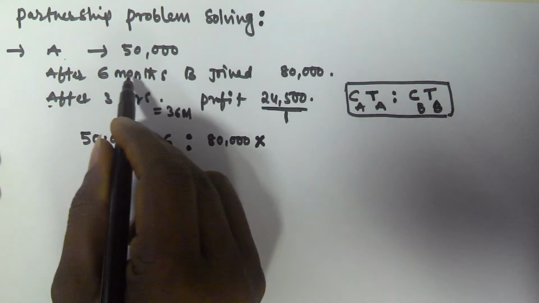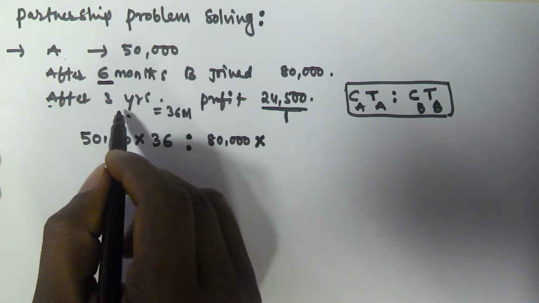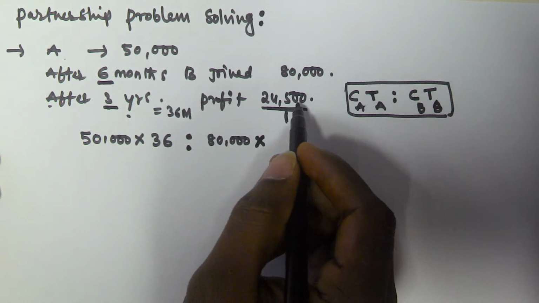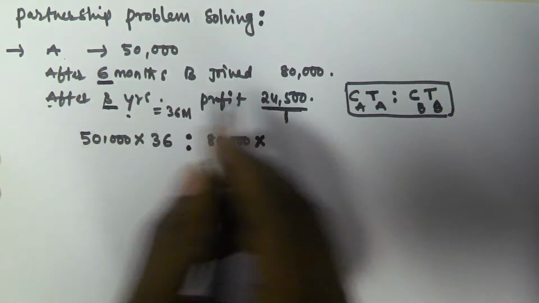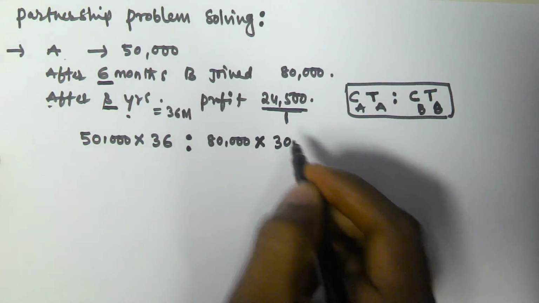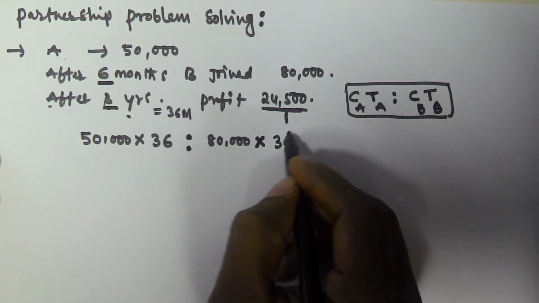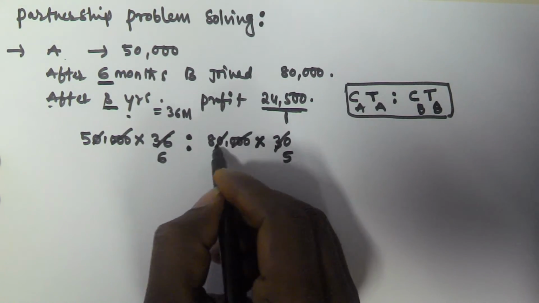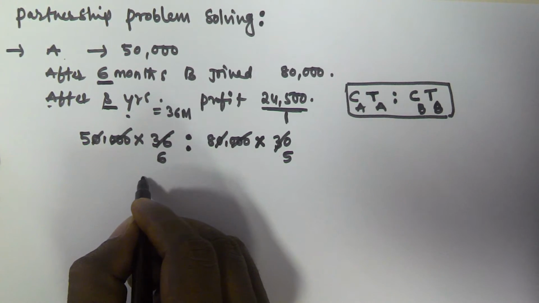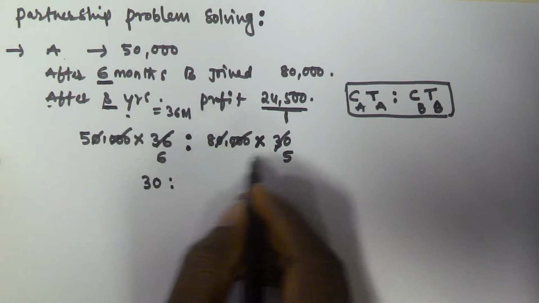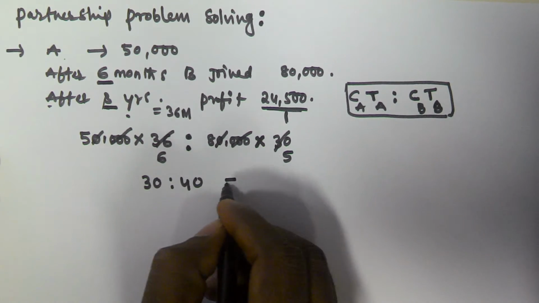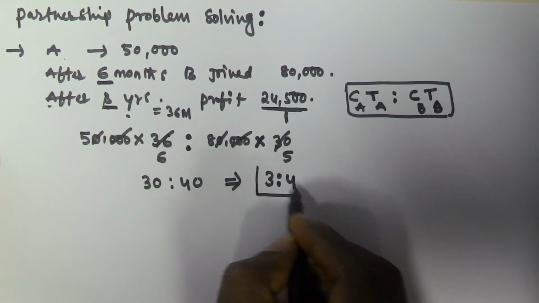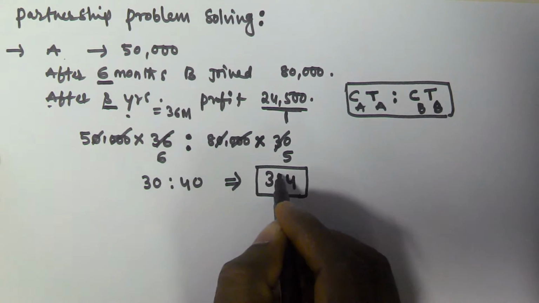He joined after 6 months, and the business ran over 3 years, so he invested for 30 months only. Take 5 and 8, and 36 and 30, and here 4 zeros cancel. So this is 5 into 36 ratio 8 into 30, which is equivalent to 3 ratio 4. So the profit is divided between A and B in the ratio 3 ratio 4.